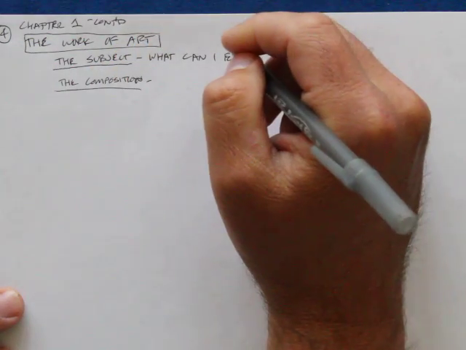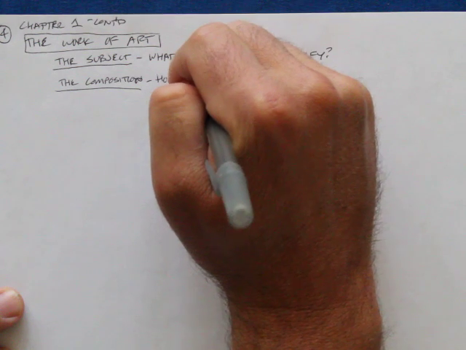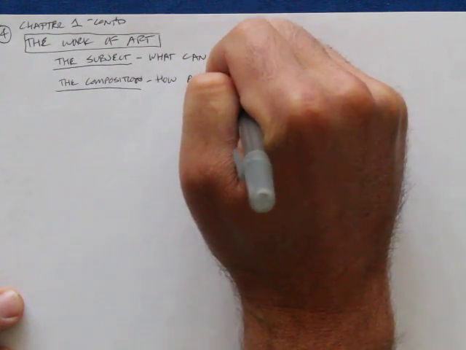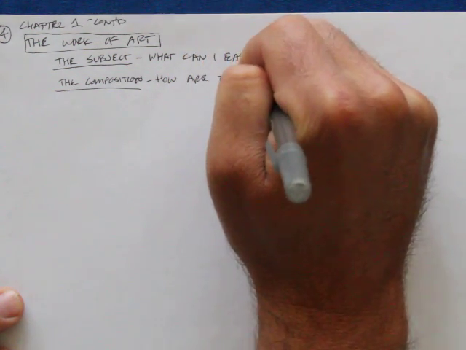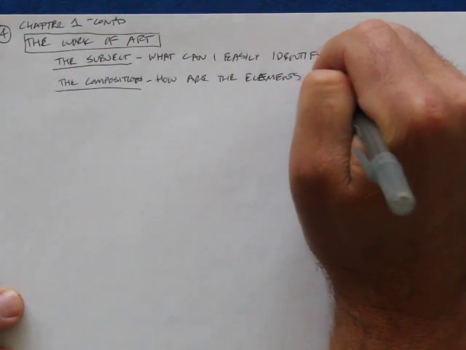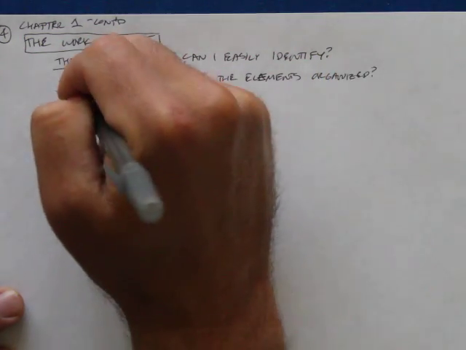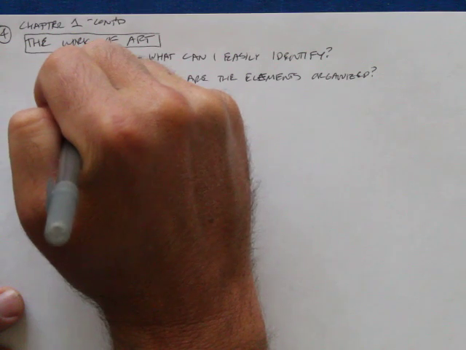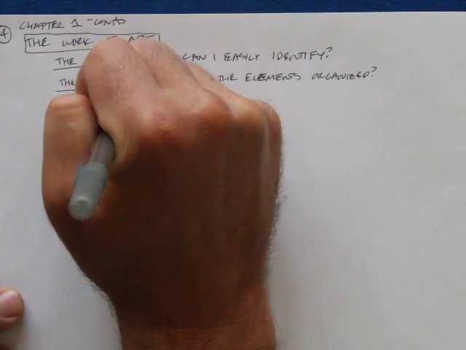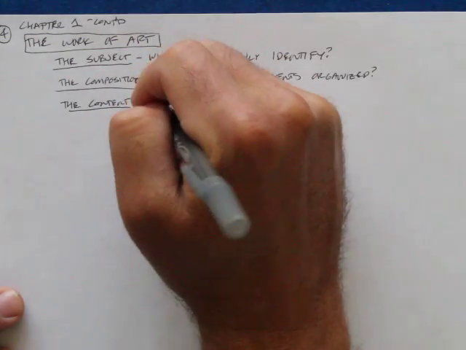And that is, how are the elements organized? And the third thing is the content. What is the art saying?